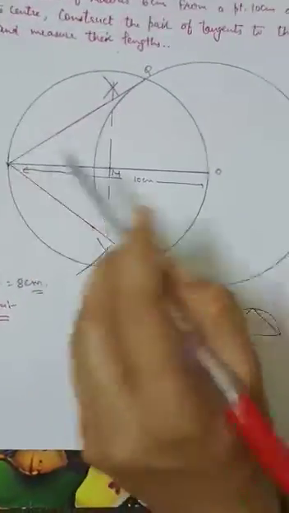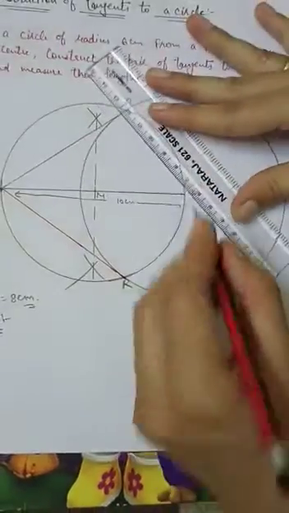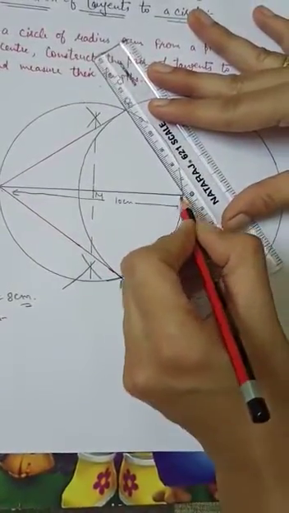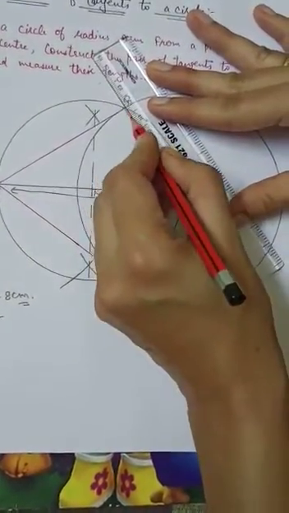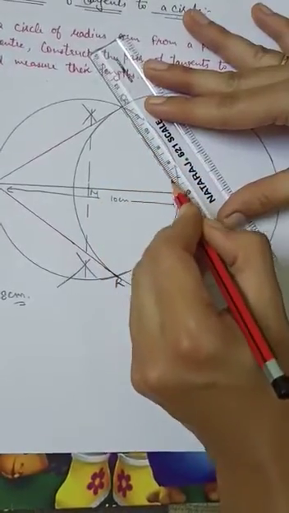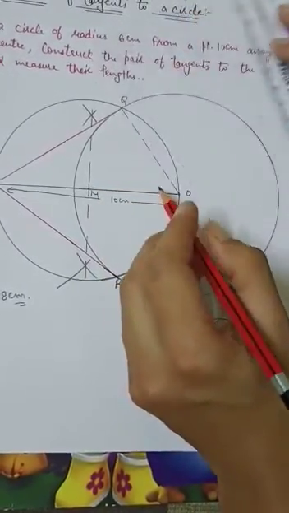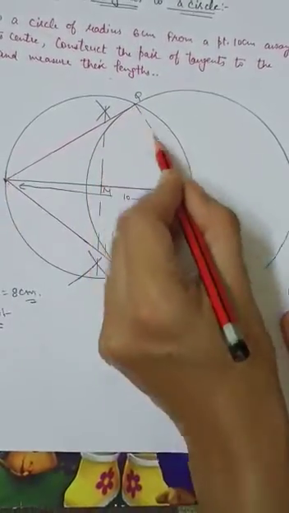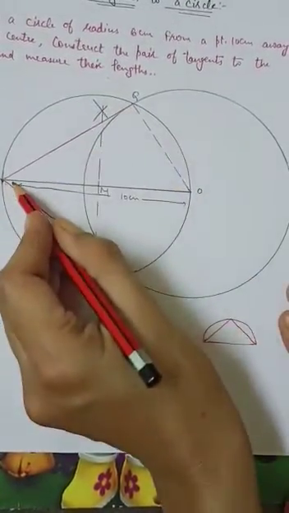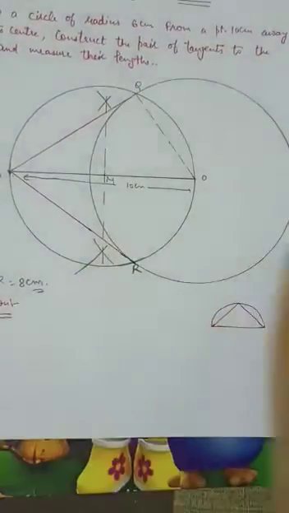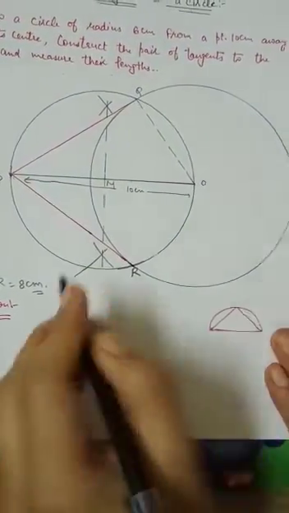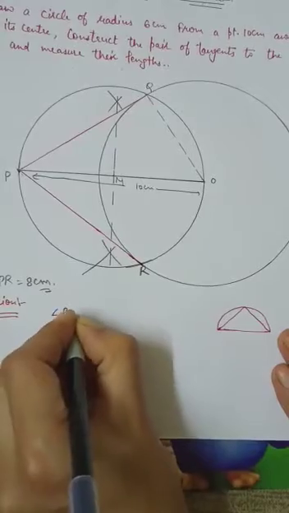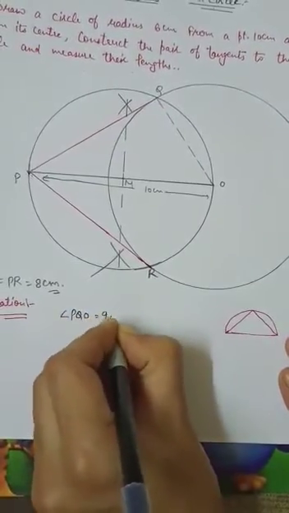If we join OQ, which is the radius of the given circle, then angle PQO is the semicircle angle. So we can write angle PQO is equal to 90 degrees.